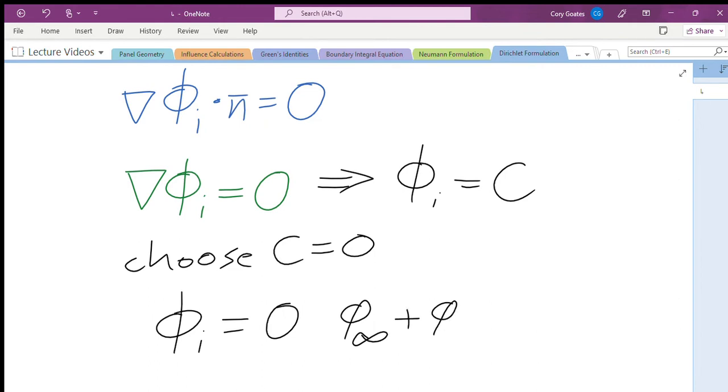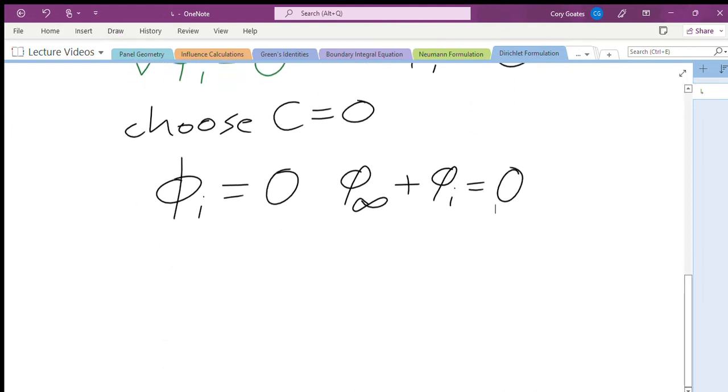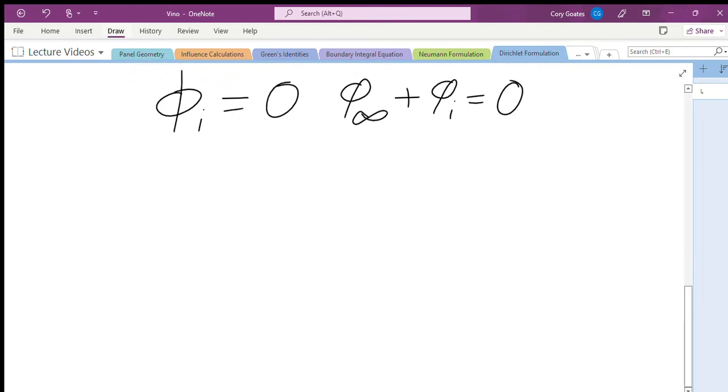Now, what is our free stream potential? Well, we have the condition that the gradient of the free stream potential is our free stream velocity, v infinity.